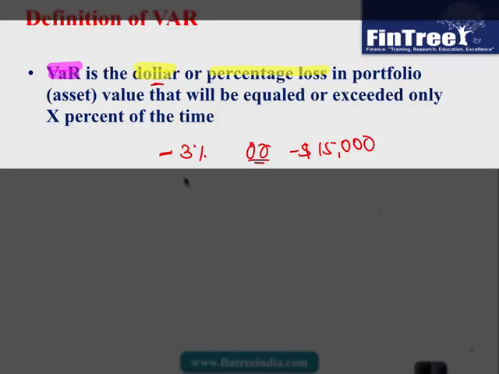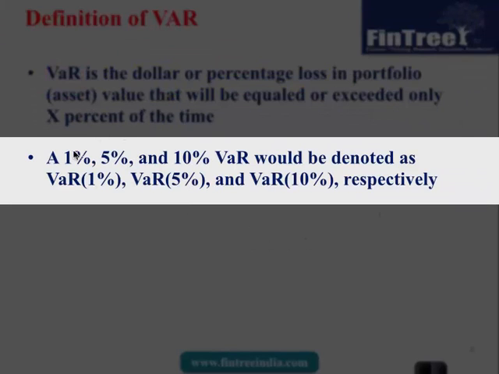Are you fine here? A 1%, 5% and 10% VAR would be denoted as VAR 1%, VAR 5%, VAR 10%. And these would be specified in terms of whether they are daily, weekly or monthly VARs.